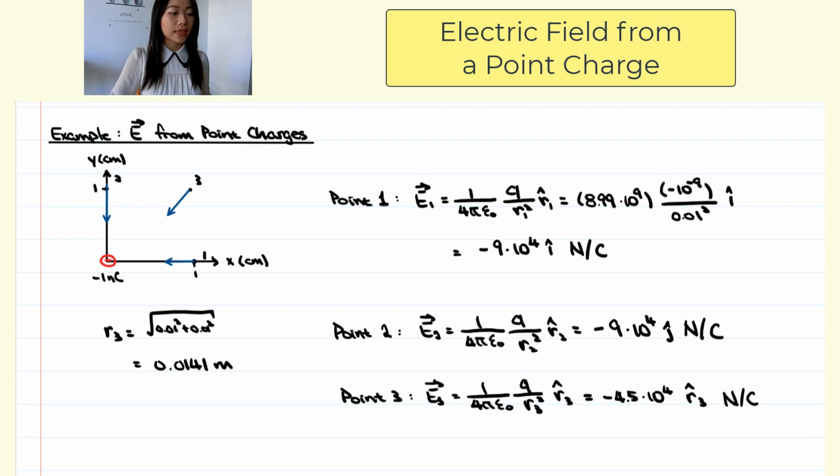We can also rewrite this in xy components. So E3 is negative 4.5 times 10 to the power of 4 times cosine of 45, and that is the x component. Then minus 4.5, the magnitude, times 10 to the power of 4 times sine of 45, and that is the y component.